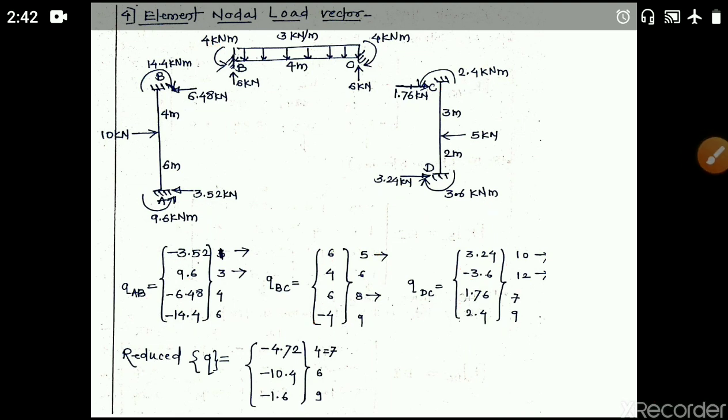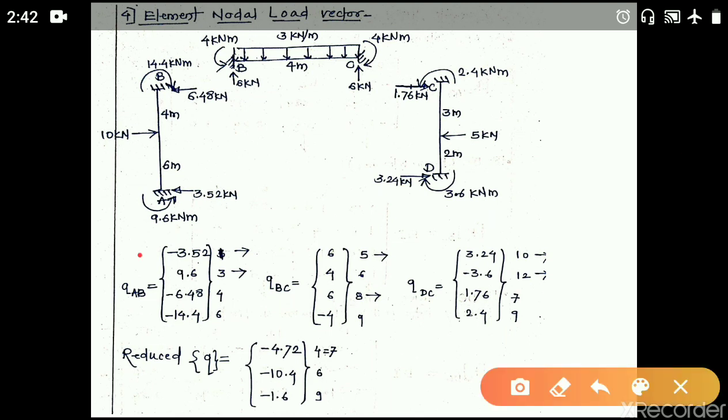Then apply the boundary conditions from the tabular format: 1 is 0, delete that; 3 is 0, 5 is 0, 8 is 0, 10 is 0 and 12 is 0. The remaining ones relate to 4, which is equal to 7, and 6 and 9. Write it in a reduced form, because it will have only 3 elements corresponding to these 3 degrees of freedom.